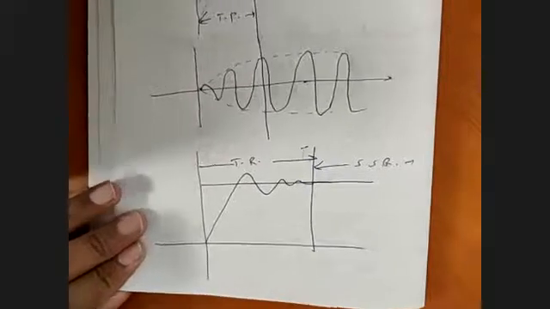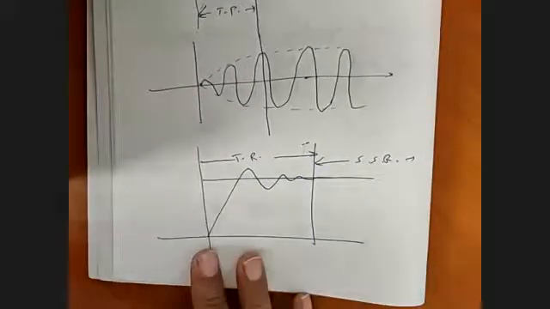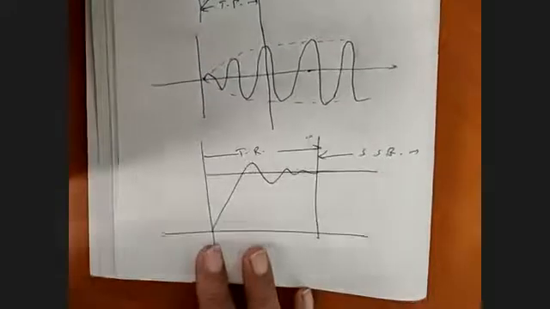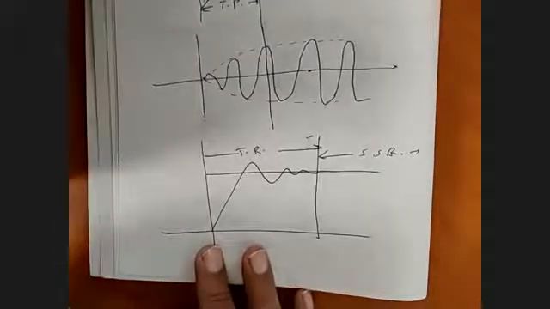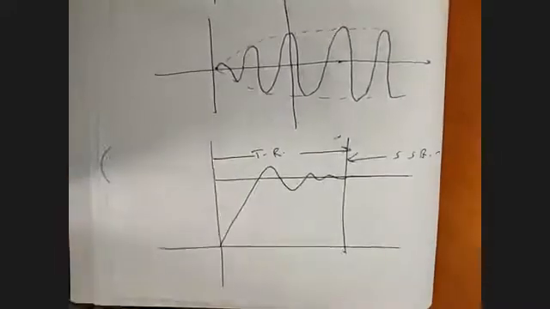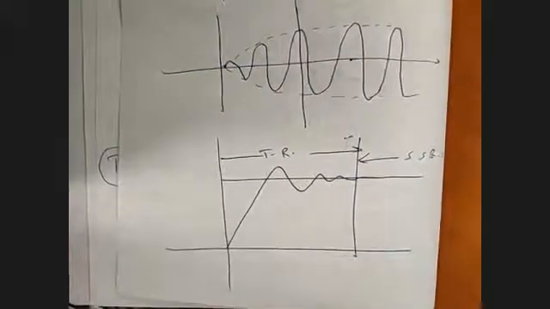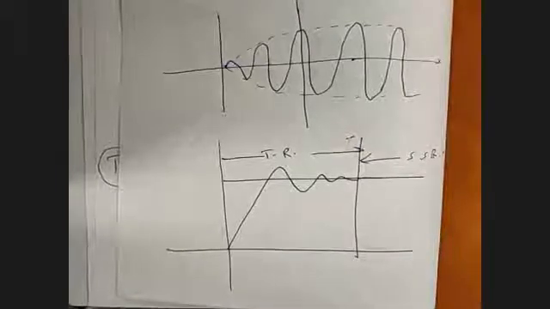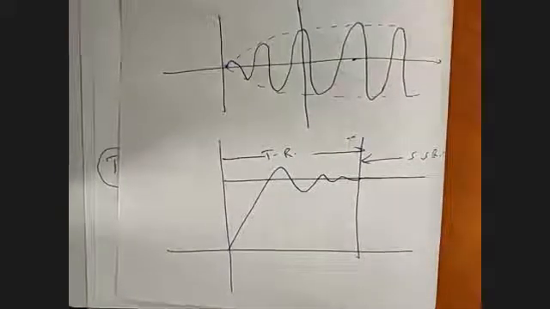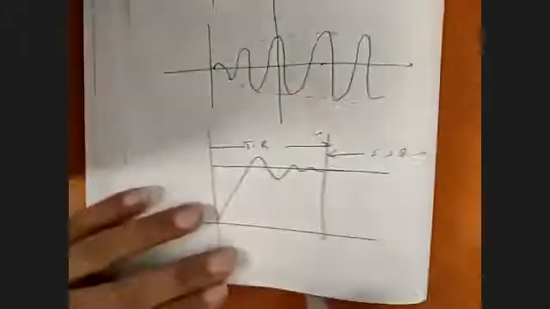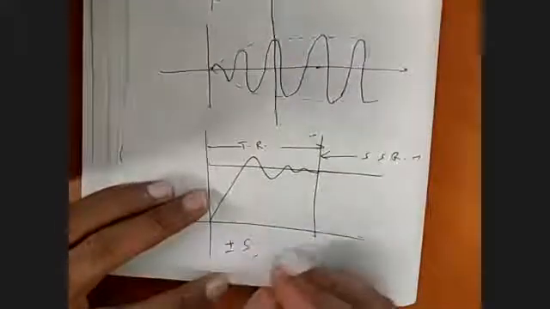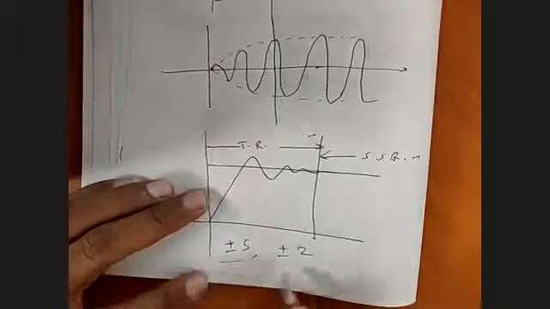And normally the time which is required for a system to reach the steady state is infinity. So there is no system which will be having a constant output after some time. So generally we are having a plus minus 5% or plus minus 2% zone.